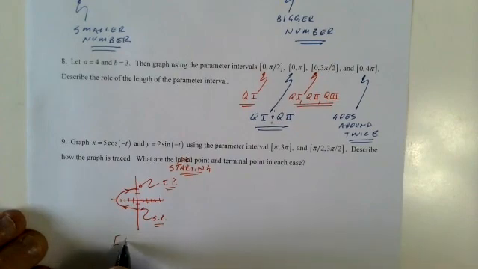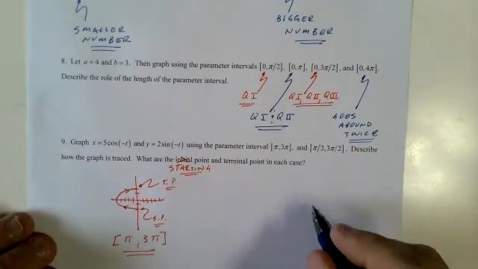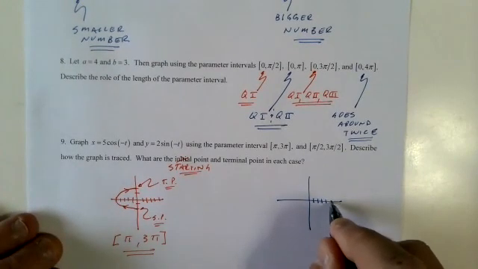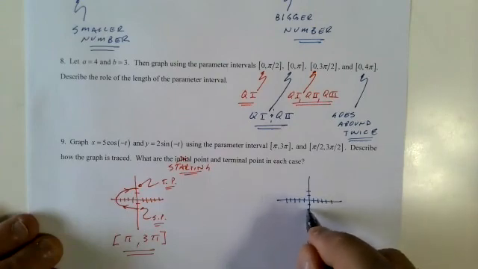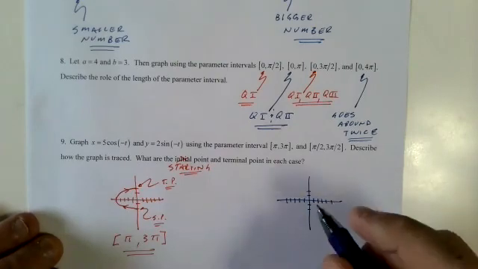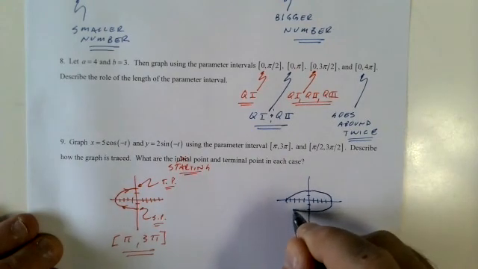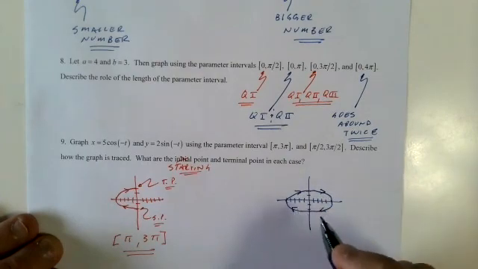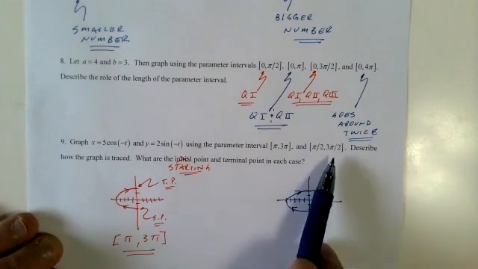And this would be the pi to 3 pi case. This would still have the same direction. Football one here. But it would start all the way over here at pi over 2.